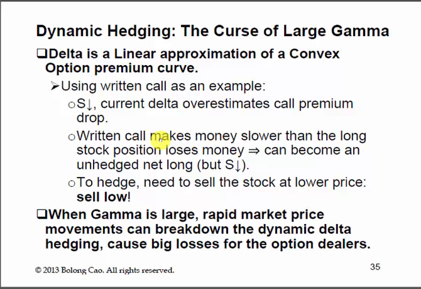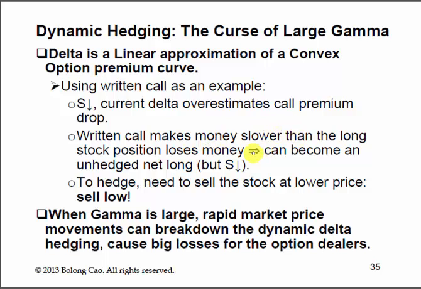You have a long stock position to hedge your liability, and now the stock price is going down, the liability is supposed to go down by the same amount, but actually, because of delta, the change is bigger in this whole position.